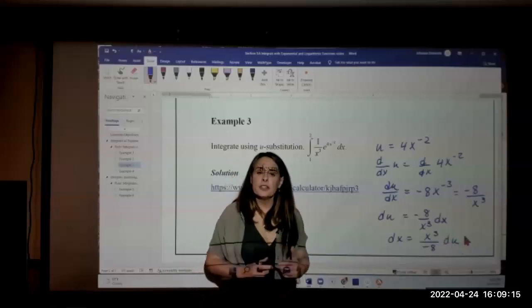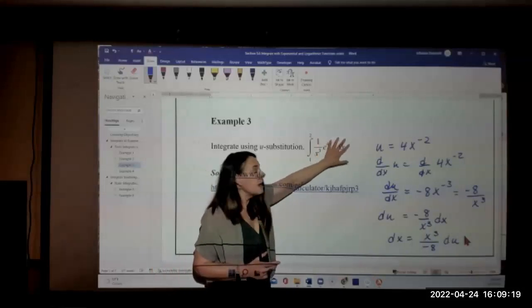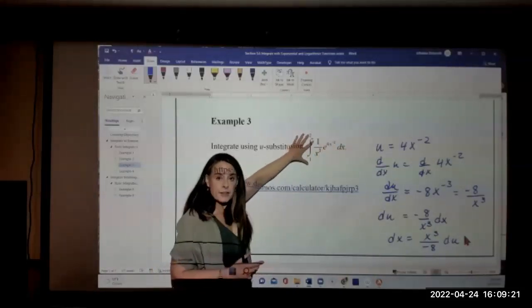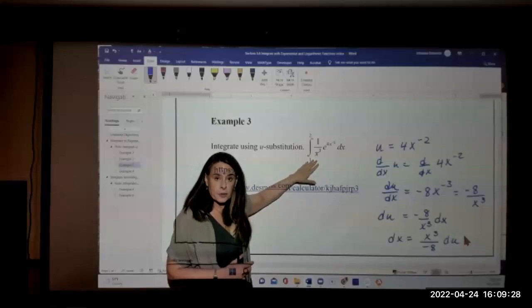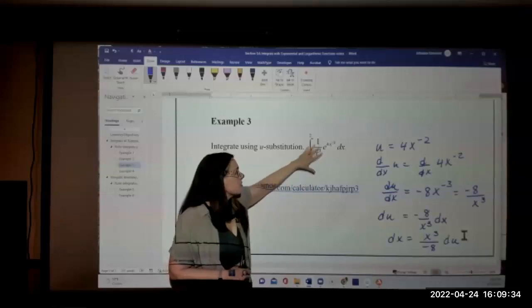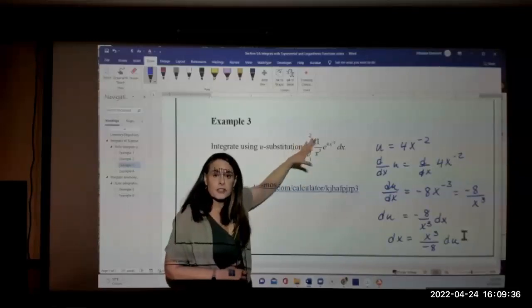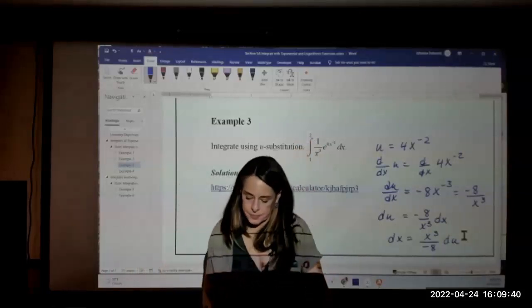The next thing I want to do is substitute each piece into the original integrand. However, because it's a definite integral, I need to change the limits of integration. Remember, you can keep them as x variables or x constants, but then you have to write x equals. Let's go ahead and change the limits of integration so that we don't have to back substitute to x, we can stay with u.